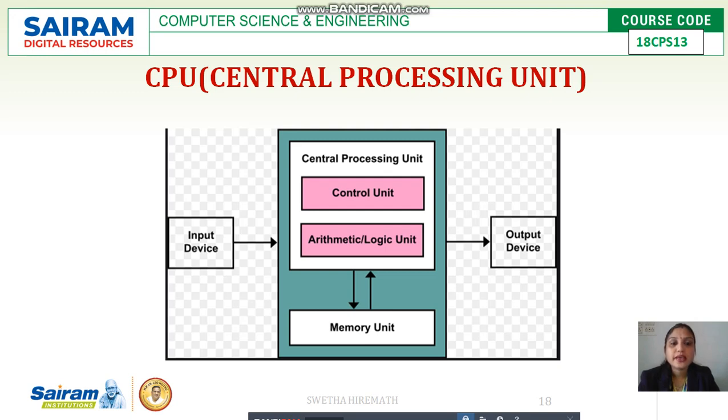All this processing of data and reading or writing the data has to be controlled. This is controlled with the help of the control unit which is present in the CPU, that is the central processing unit. This control unit works based on the processor clock.